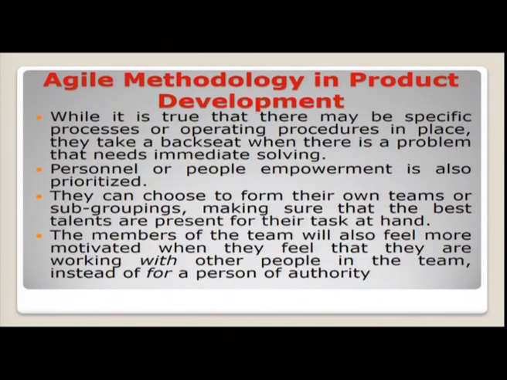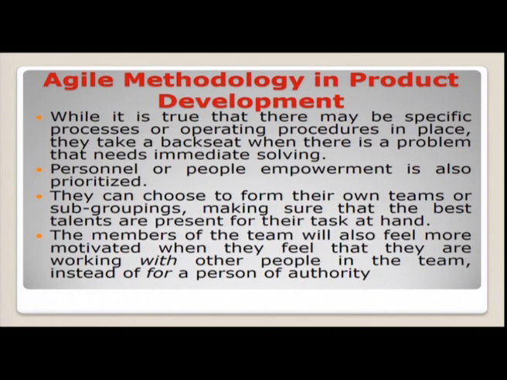Now, while it is true that there may be specific processes or operating procedures in place, they take a back seat when there is a problem that needs immediate solving. And that is where you prioritize requirements. You take the content from the parking lot and the sprint backlog.